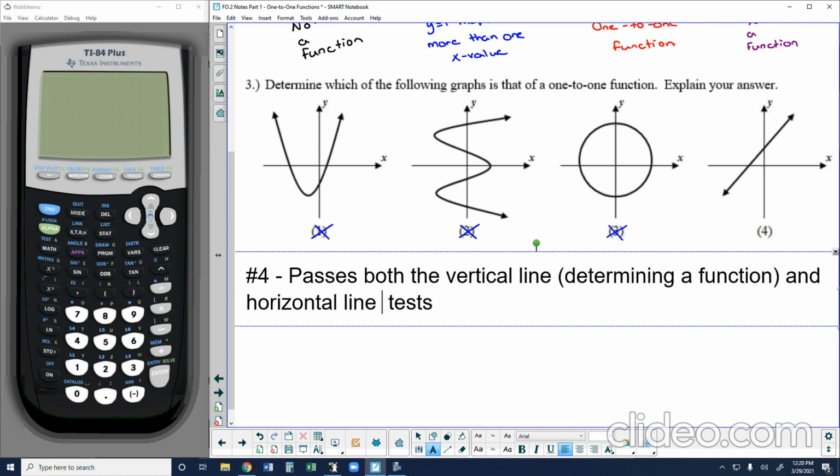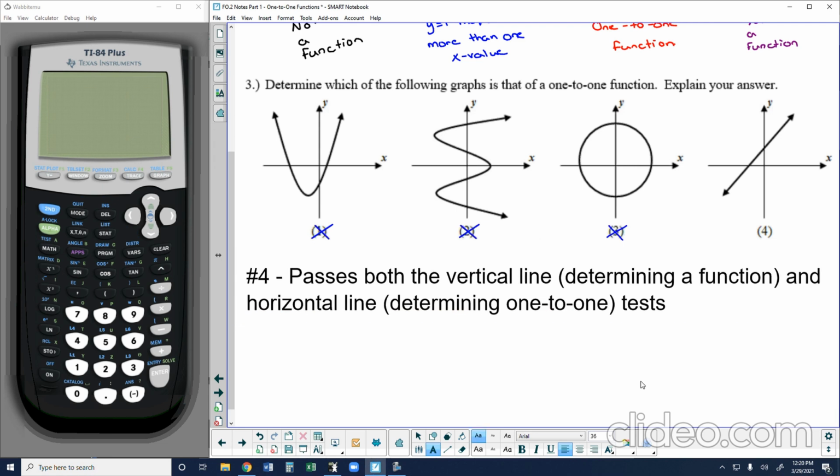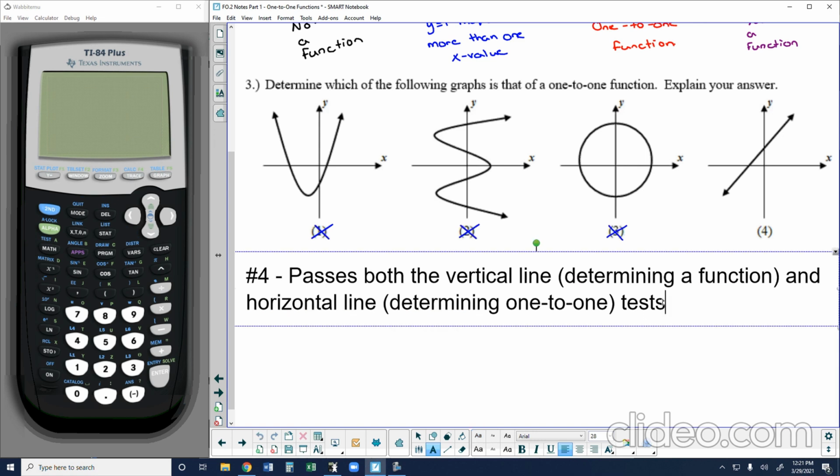And the horizontal line test here would determine if it is one-to-one. So in order to be one-to-one, it must pass both a vertical line test, which we've seen earlier this year, and a horizontal line test.